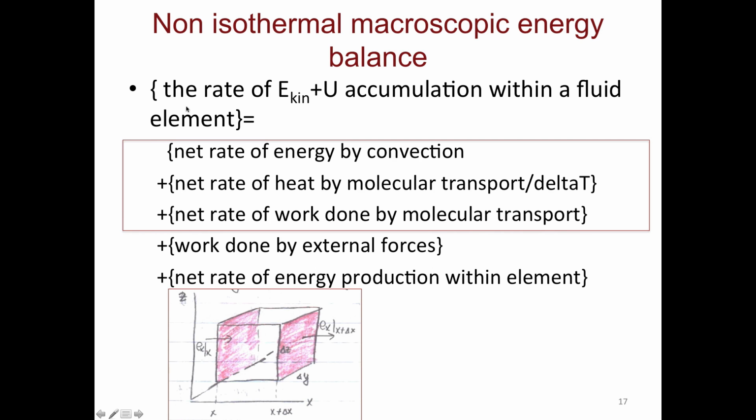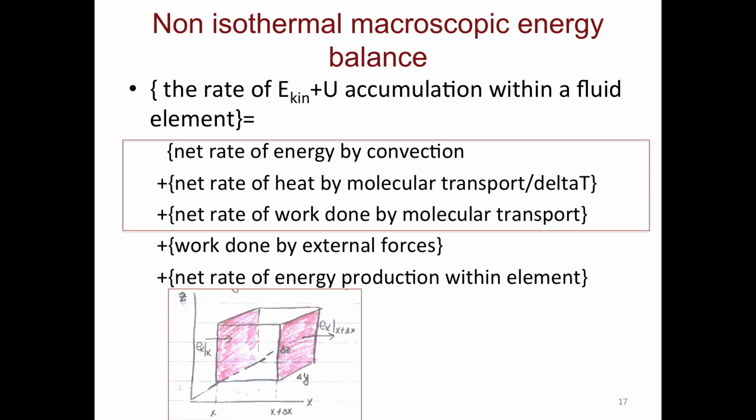If I look at the rate of change of the total energy, that is kinetic and internal energy within a fluid element, then that's going to be the net rate of what we quantify with my energy flux vector, and that is energy coming into the fluid element by convection, then the rate of heat produced by molecular transport within that element, and also the rate of work done by molecular transport inside that element.